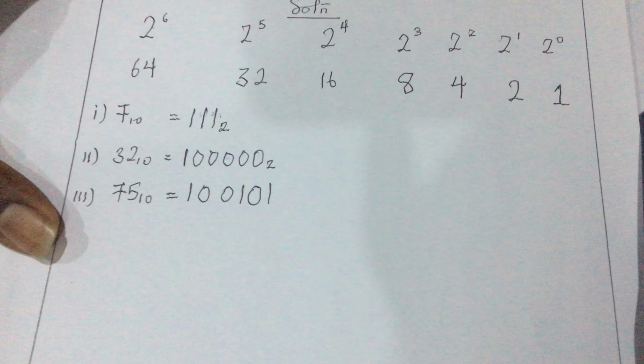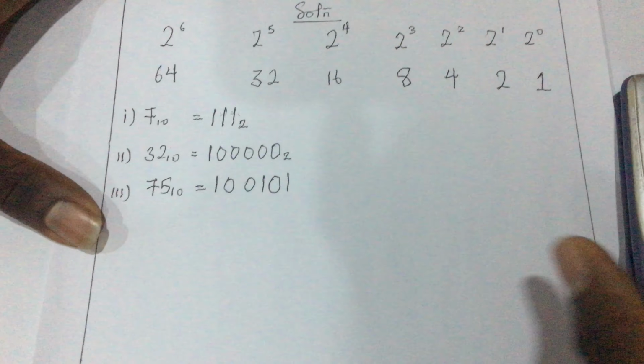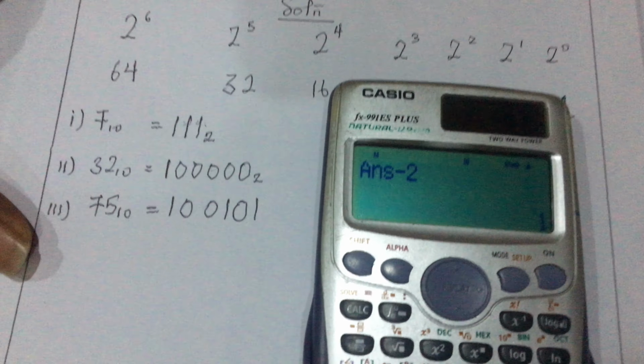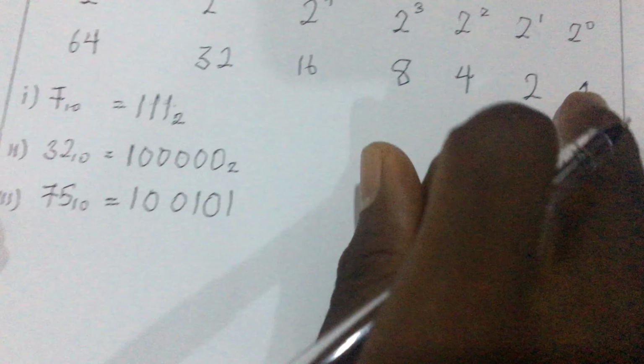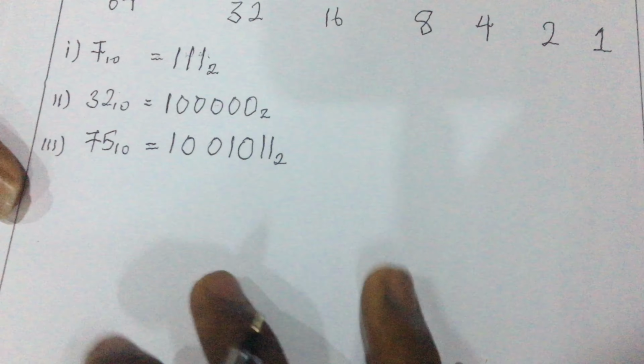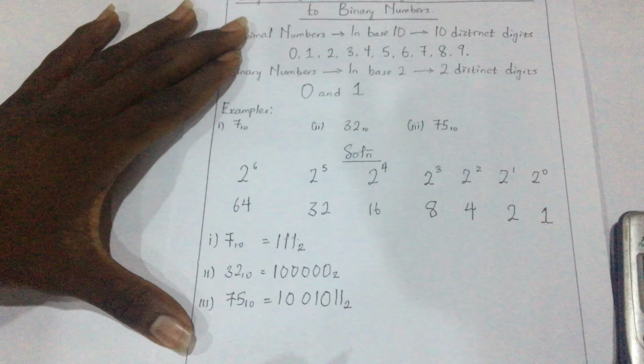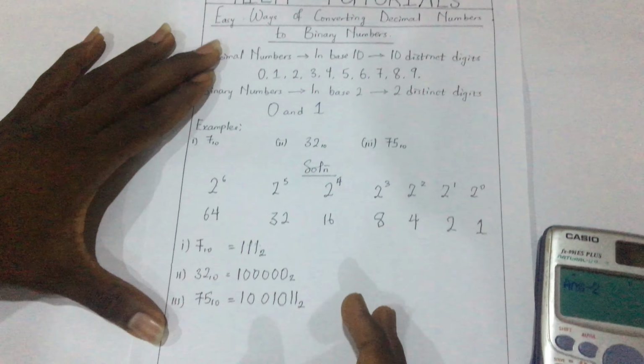The next thing we are doing is subtracting 2 from 3. We can use our calculator. 3 minus 2 will give us 1. Since we have 1 here, we can put 1 base 2.